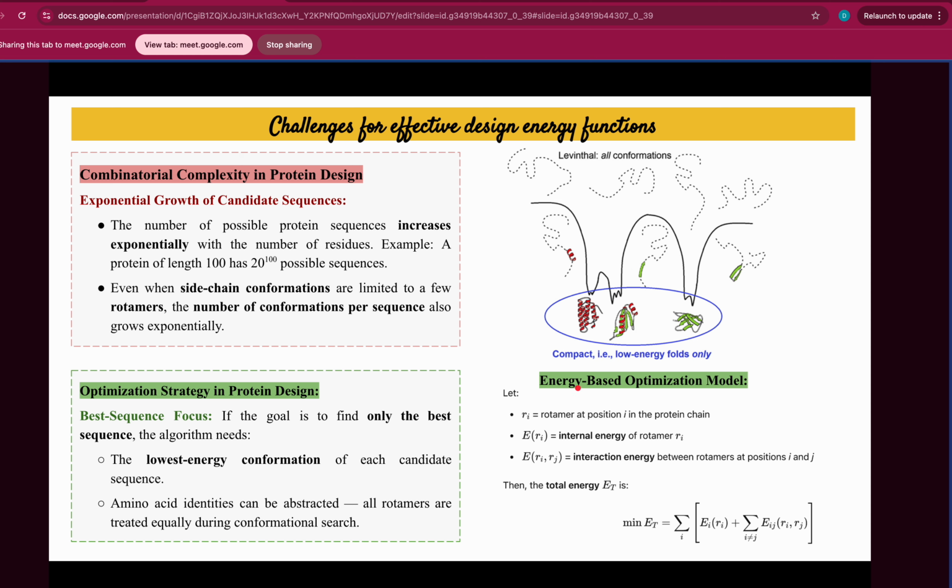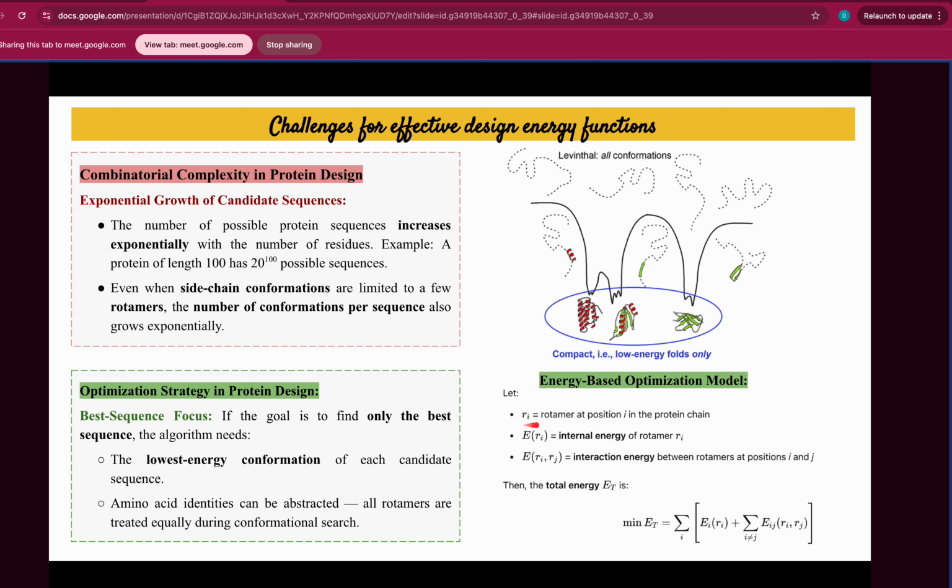So how is this process done? You perform energy based optimization, because in protein design we have different amino acids present, and we see what the different rotamers are. Rotamers means the different forms a particular residue can exist in by rotating.